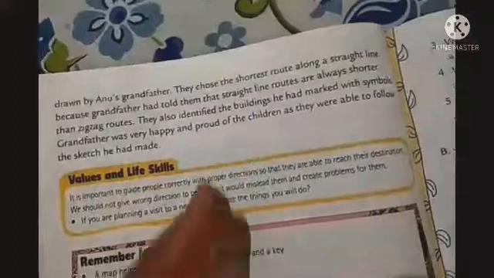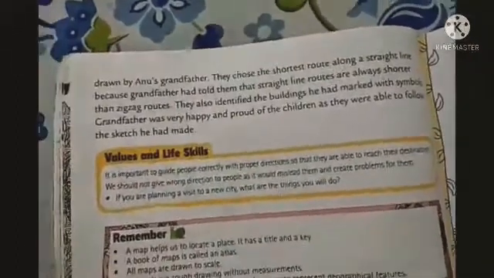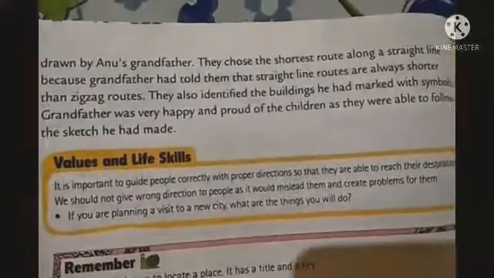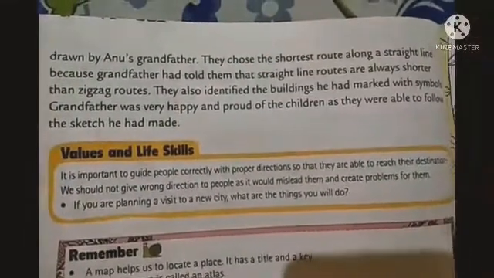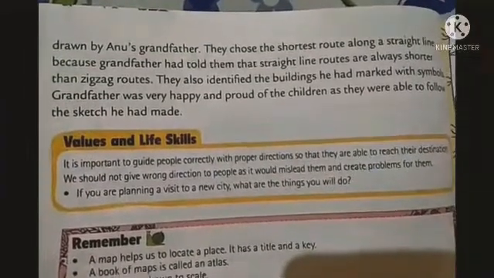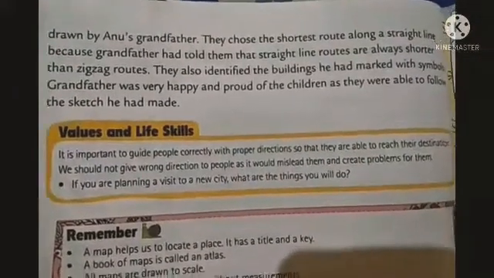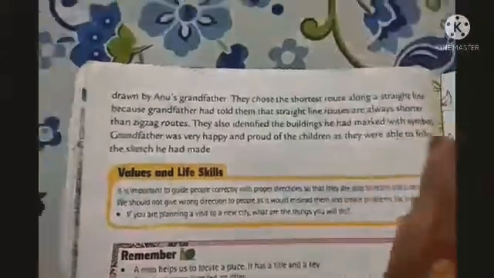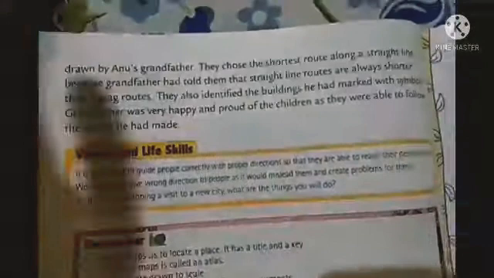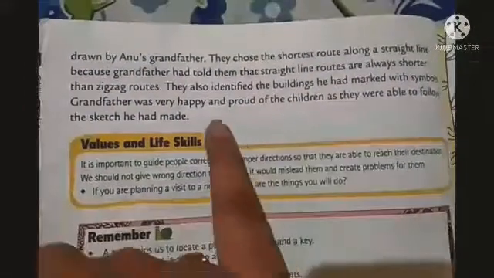But if you are following the straight line, that is the shortest route, okay. That means zigzag path is longer than straight line path, okay. They also identified the building he had marked with a symbol, and beside that so many other buildings were there. Grandfather marked that also, okay, and they understood that.